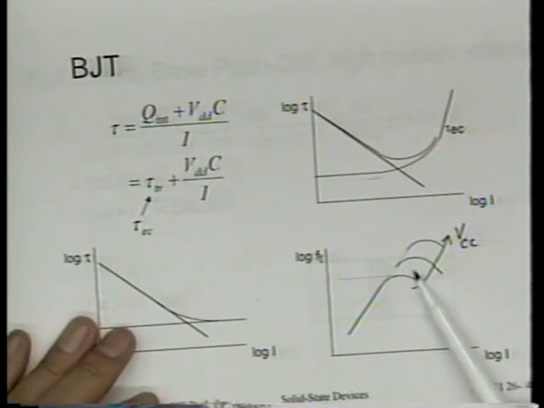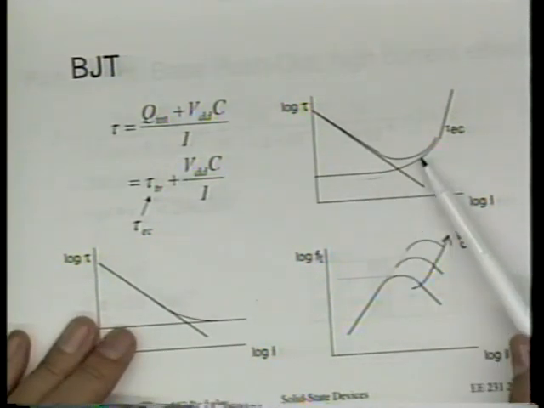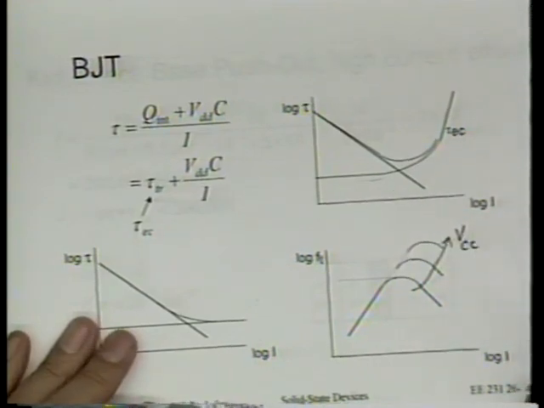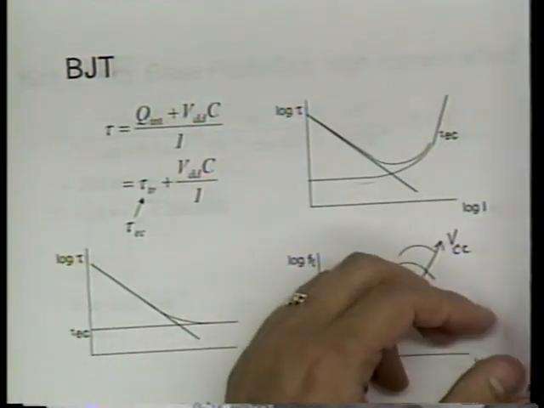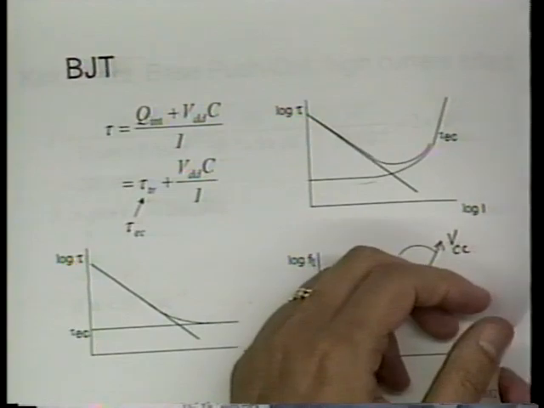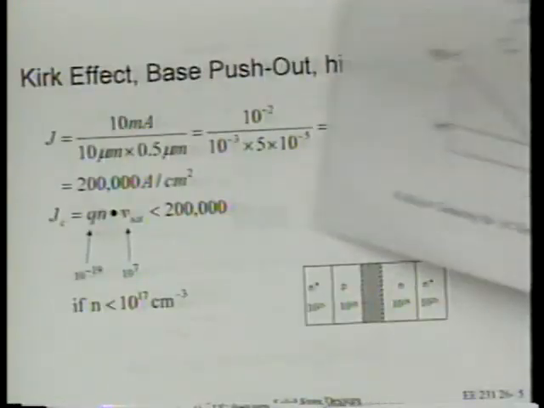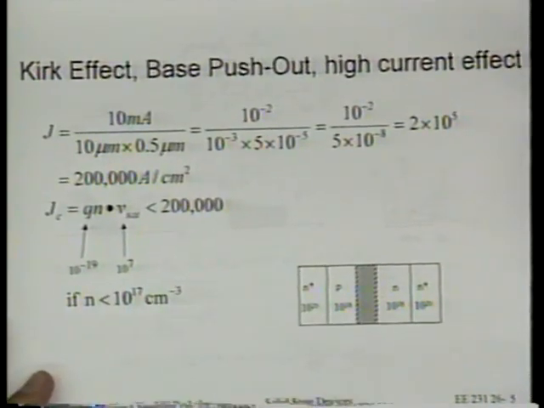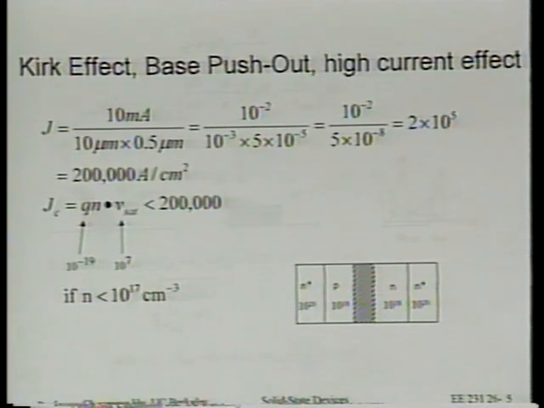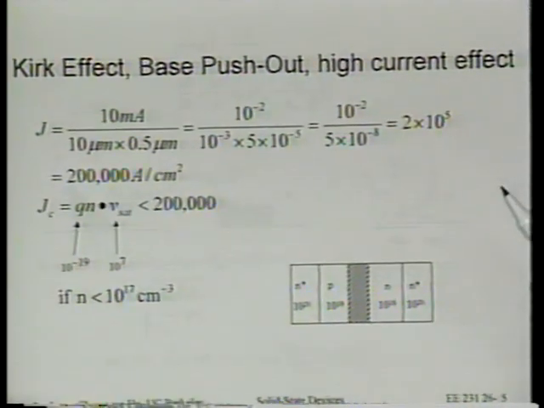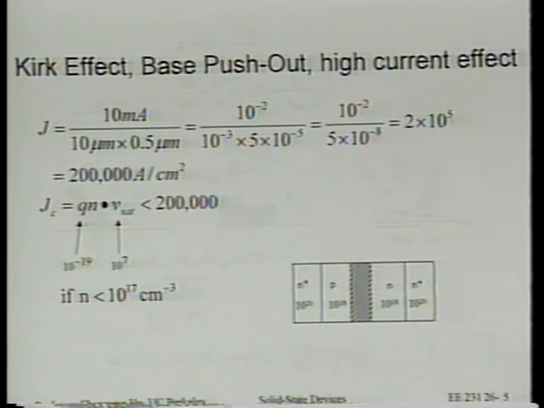But what determines this? What makes the delay increase as current increases? We'll talk about that. The answer is called the Kirk effect, also called base push-out. It happens at high currents, so we call it a high current effect.